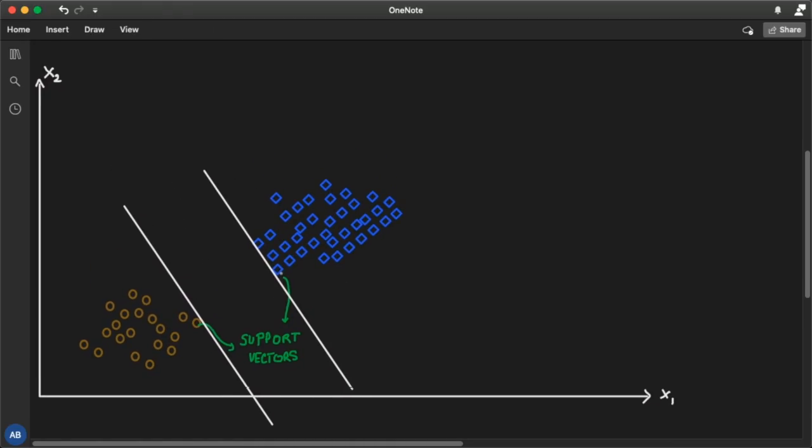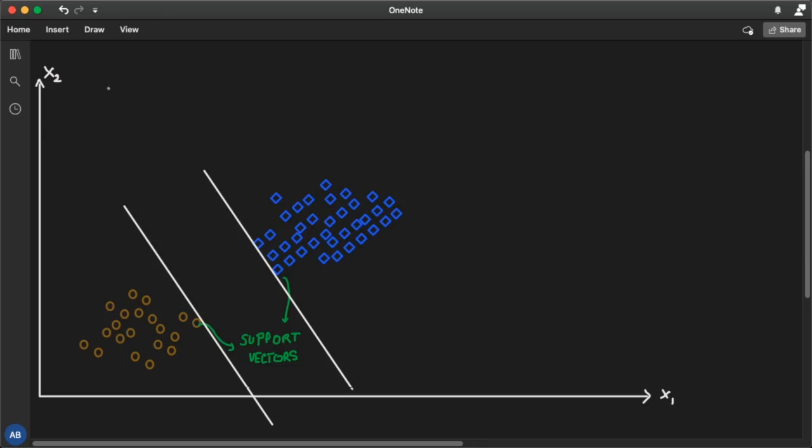It's as if those two vectors are points where those two lines pass to separate both data sets. So all I need is those 2 points to separate those two data sets. Okay?